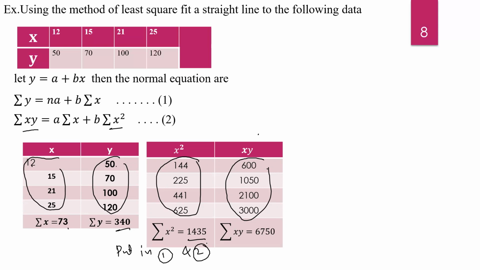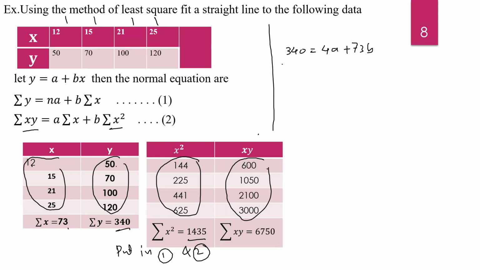So we get equation 1: the summation y, 340, is equal to n, which is 4, that is 4a, plus summation x, 73, into b.